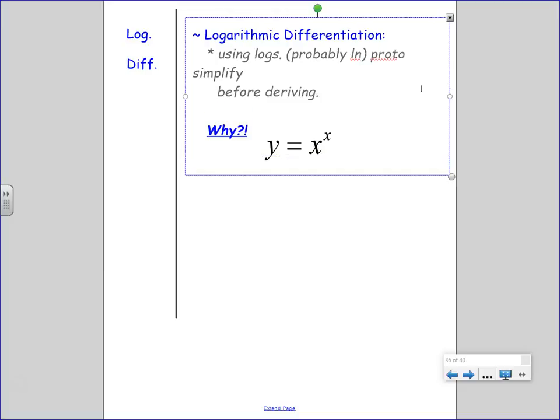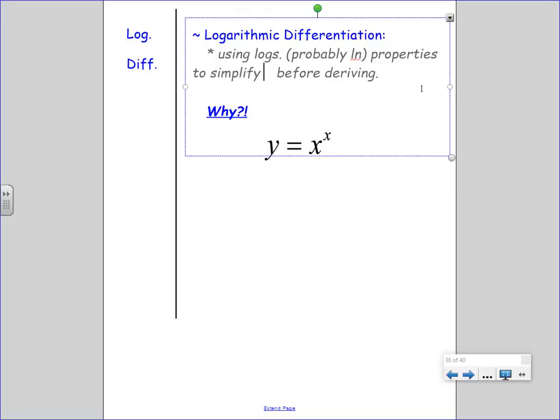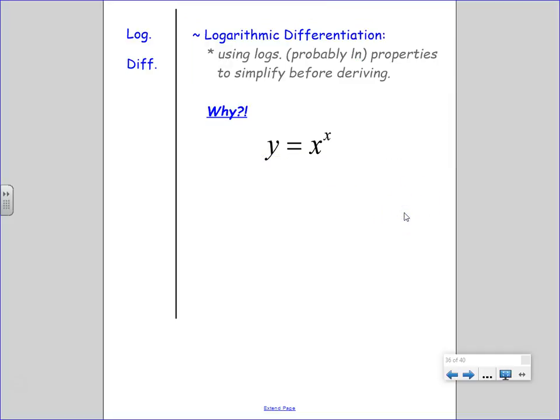Is there a rule for how to solve the derivative of the function that you see? There's no rule, because we have a variable to a variable. It's not a b to the u, it's not a 2 to the x, it's not an x to the 2. What's the only way to do this?